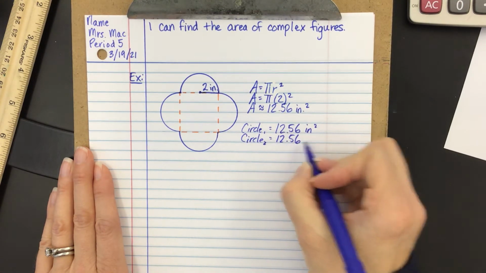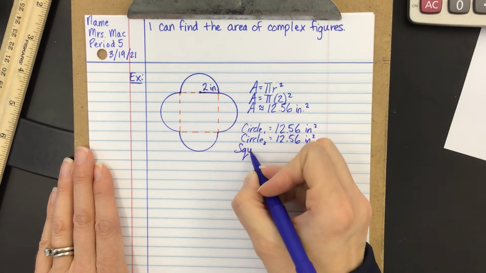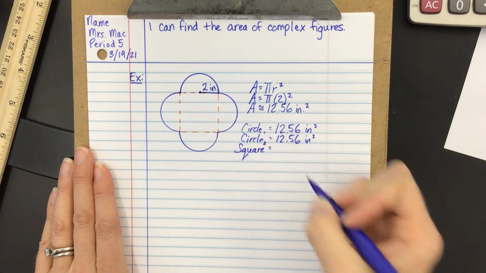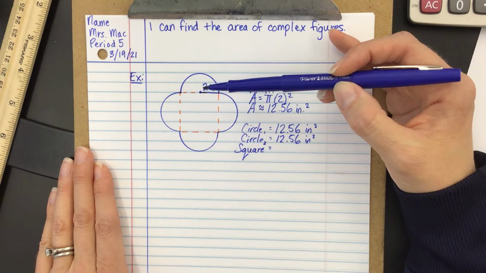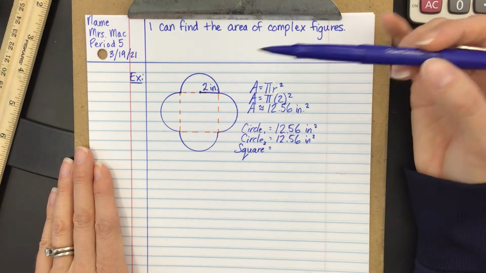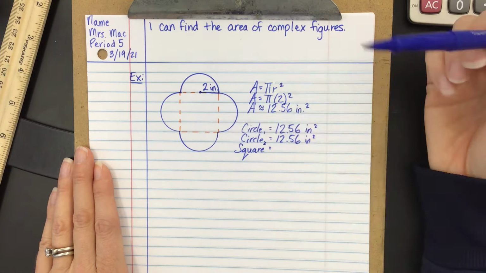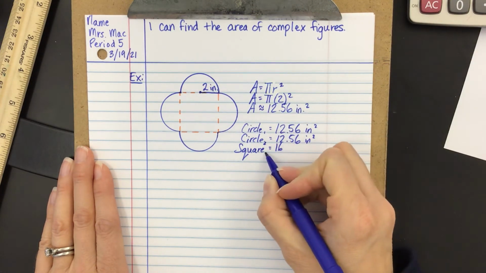And then we need to find the area of the square. Okay. The square has this radius right here is 2. So what's the whole distance across? 4. And it's a square, so it's 4 by 4. So what's the area of that square? 16. Okay, add them up.